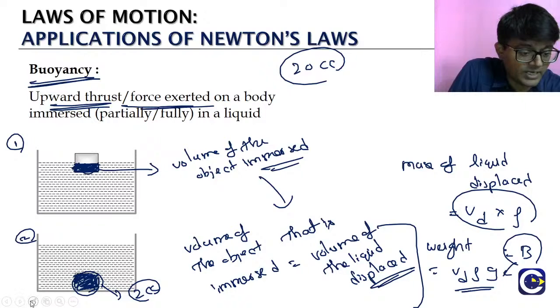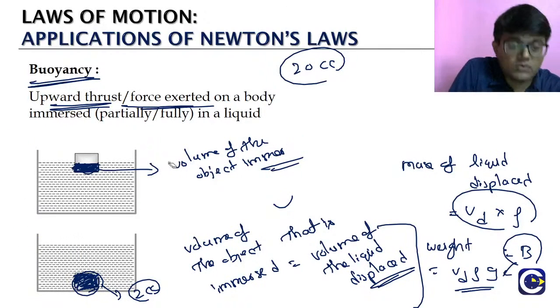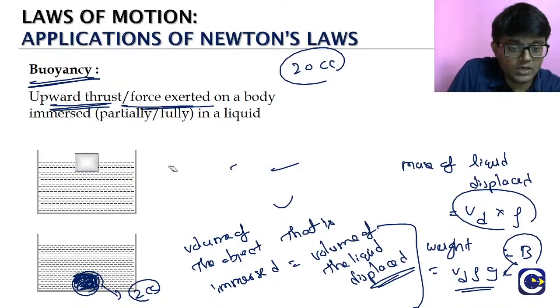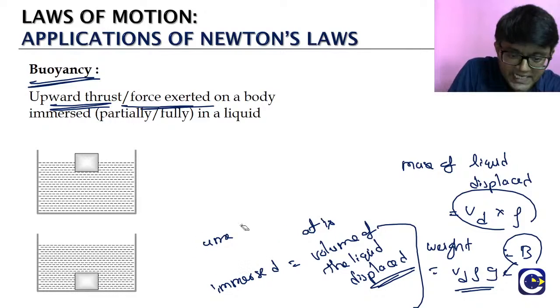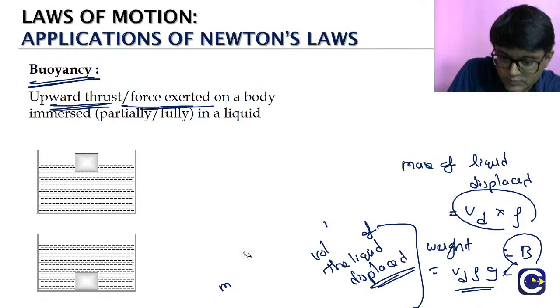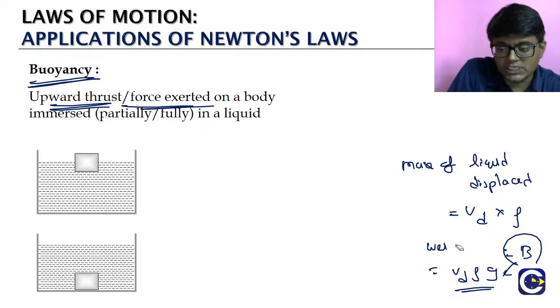So this is how we calculate the buoyancy force value: Vd, the volume of the liquid displaced, into rho, the density of the liquid, into g. This formula we have to remember.